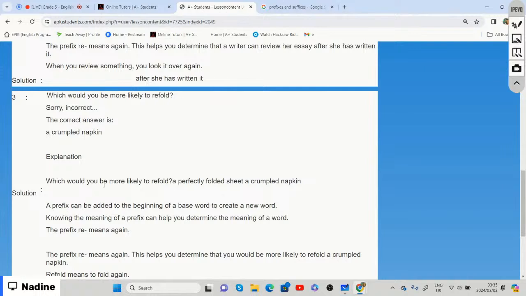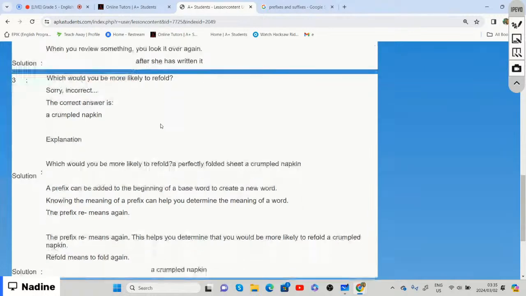All right. So we refold clothes again after they have been crumpled or messed up.